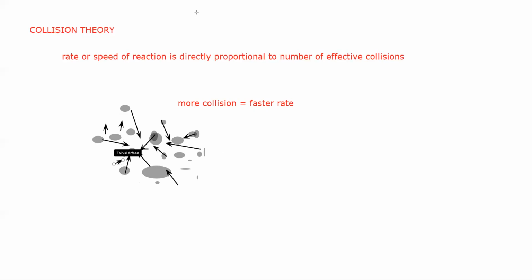But as the reactant particles decrease with the passage of time, the number of collisions will also decrease. So in the beginning, more particles, more collisions, and more collisions means a faster rate.